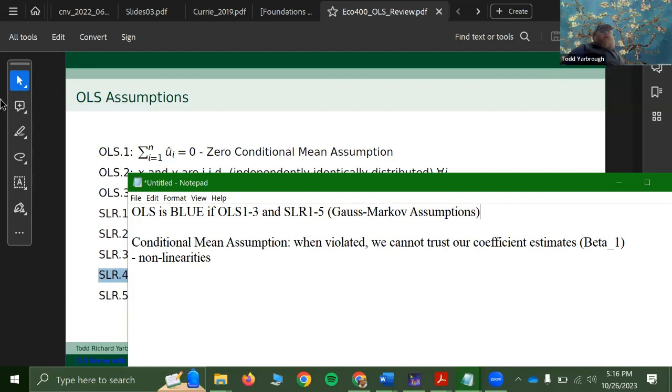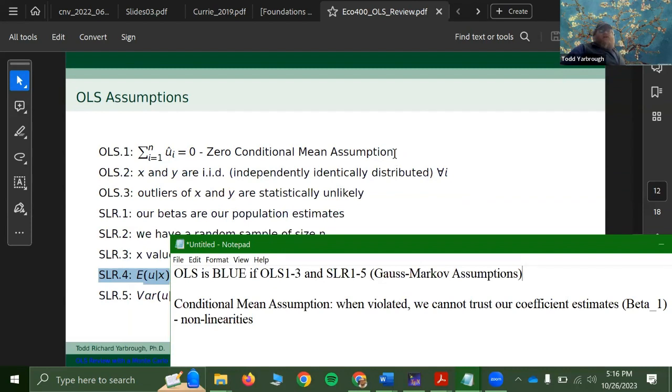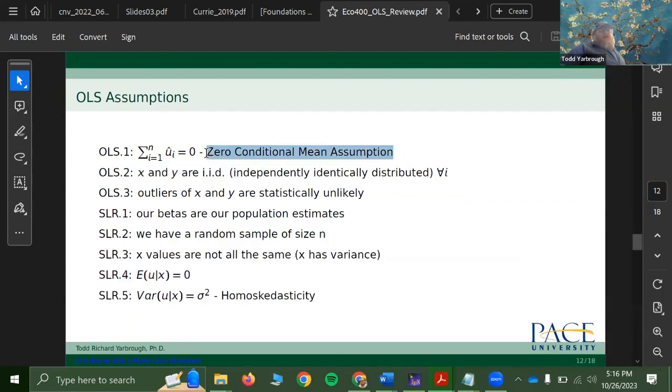So those three properties of OLS, don't ignore this right here. This should not say conditional mean assumption. It's somewhat related to it, but I don't know why the typesetting program put that here. I changed it in the other slides, but this is clearly a different slide.